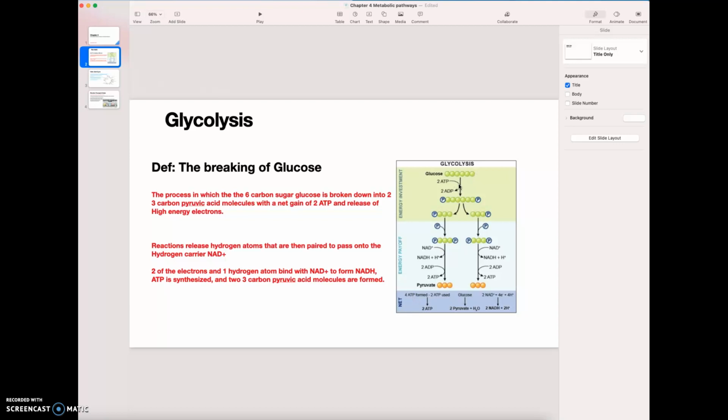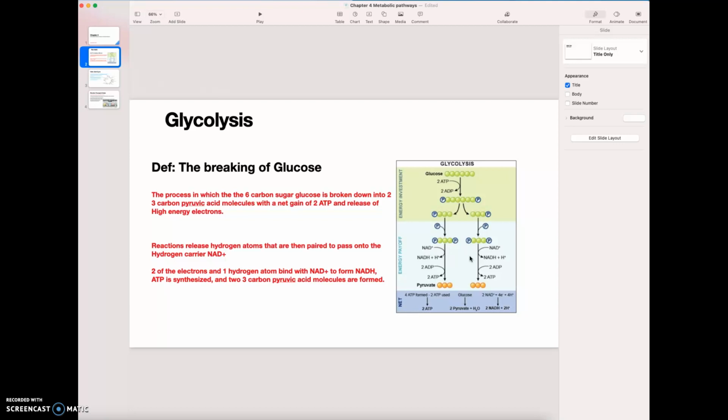And as I mentioned before, glycolysis begins with 2 ATP and then 2 phosphate molecules attached to each end of the glucose, and then a process called cleavage separates the glucose molecules into groups of 2 3-carbon molecules, and then that phosphate ends up attaching again to both sides of each group, and those reactions release hydrogen atoms that are then paired to pass on to the hydrogen carrier NAD.